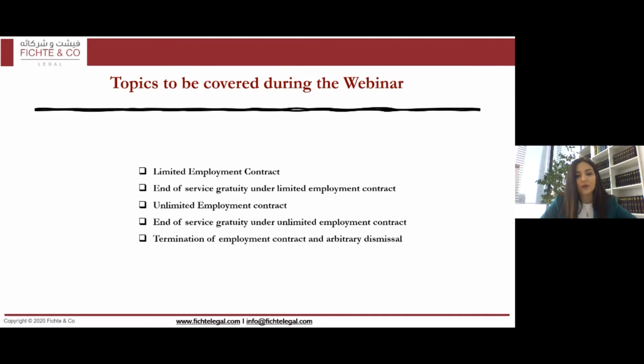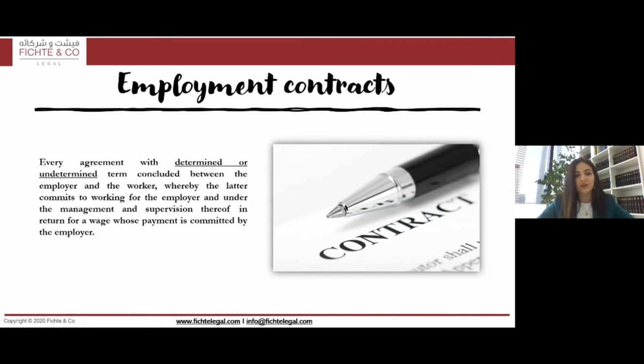So moving forward, let's talk in general about the employment contract and then its types. So what is an employment contract? As per the law, an employment contract is every agreement with a determined or undetermined term agreed between employer and employee, whereby the employee commits to work for the employer against remuneration.